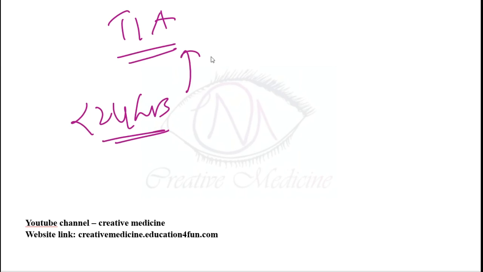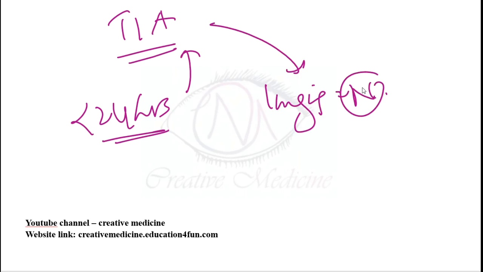During a transient ischemic attack, if you do imaging, the imaging will be found to be normal. The symptoms in a transient ischemic attack mainly depend upon the artery involved.